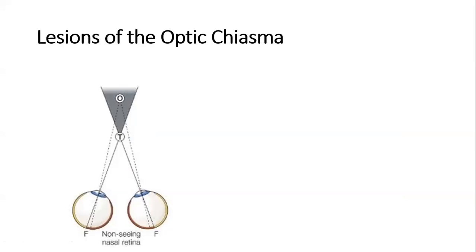So as we saw in a chiasmal lesion, this nasal retina is non-functional because it is getting atrophied because of pituitary compression there. Because of this, whatever object is exactly behind the point of fixation, they are not able to see. Right? This is called post-fixation blindness. And this again happens in an optic chiasmal lesion.